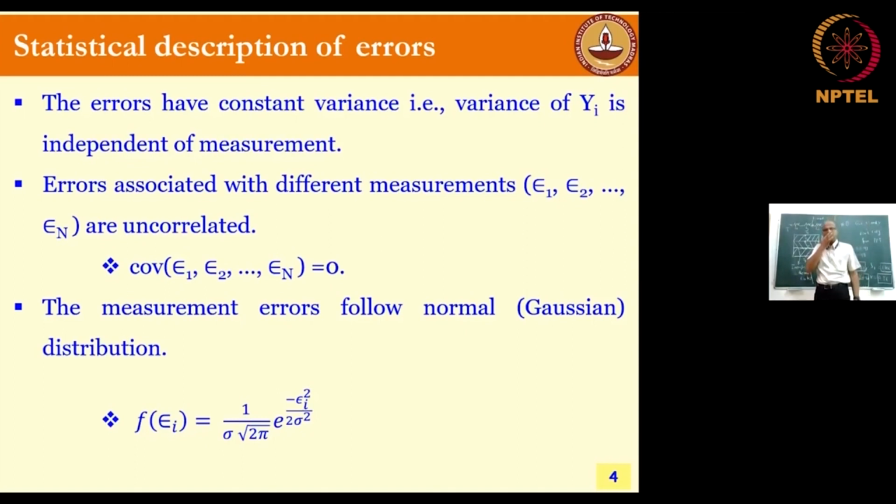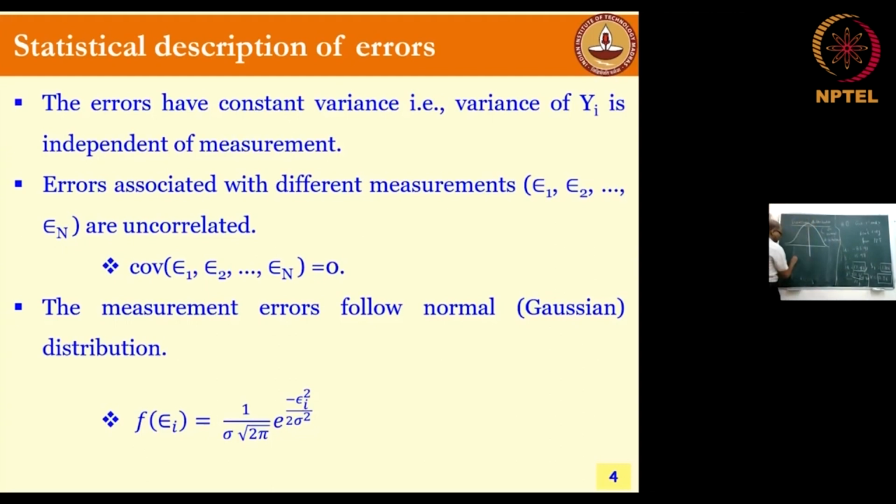The measurement errors follow a Gaussian distribution. This Gaussian, or normal, distribution is one of the most important things.